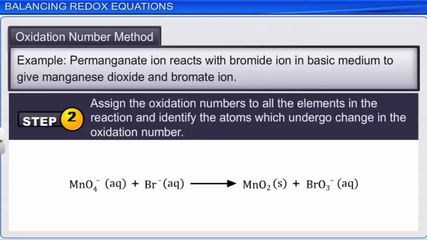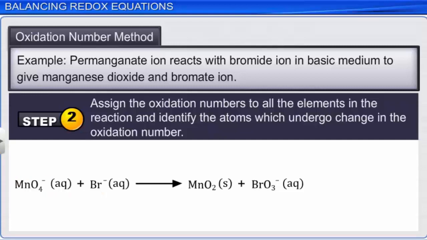We know that in polyatomic ions, the sum of the oxidation numbers of all atoms in the ion is equal to the charge on the ion. Thus, the oxidation number of manganese in permanganate ion may be calculated as follows.